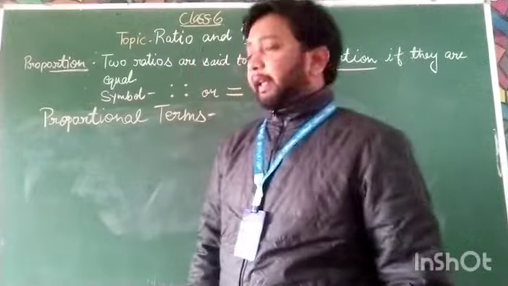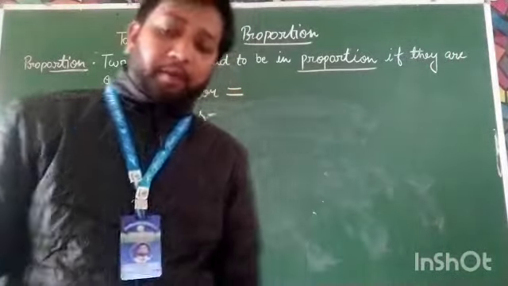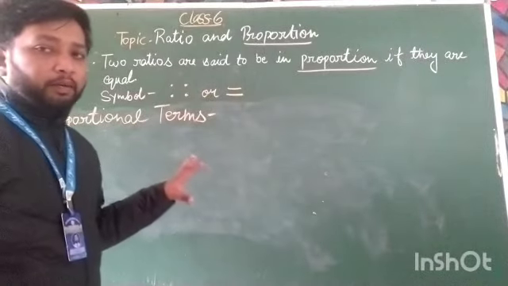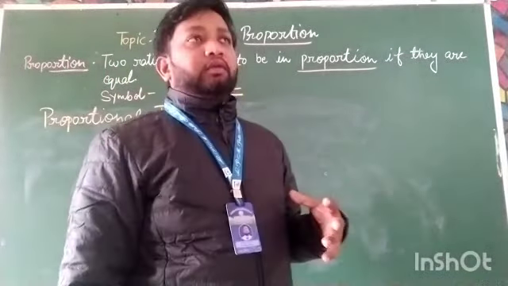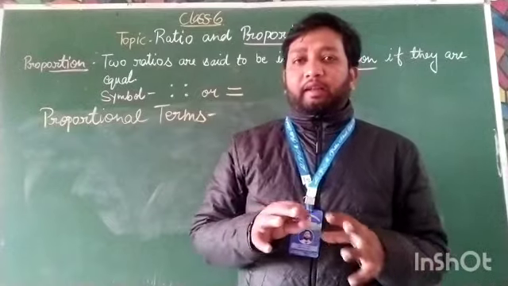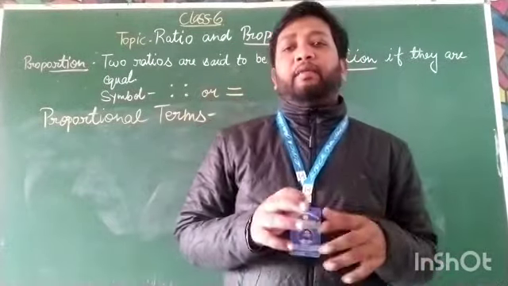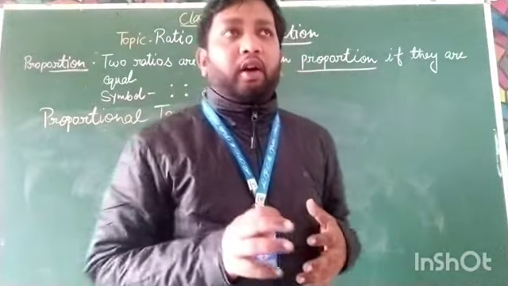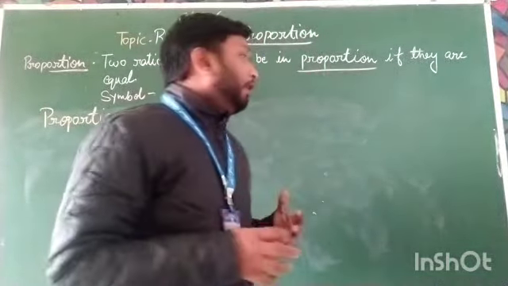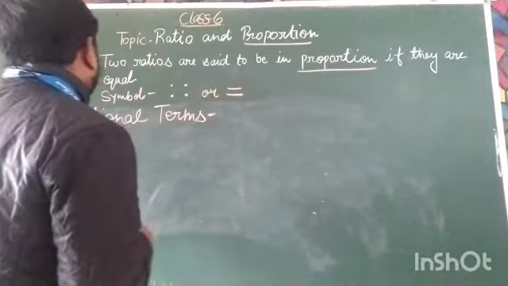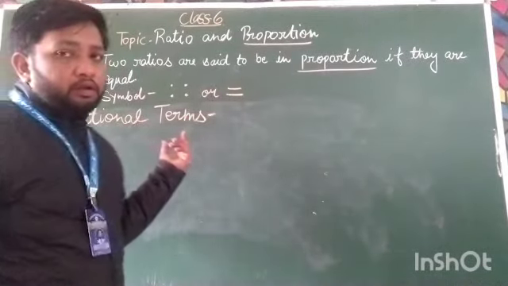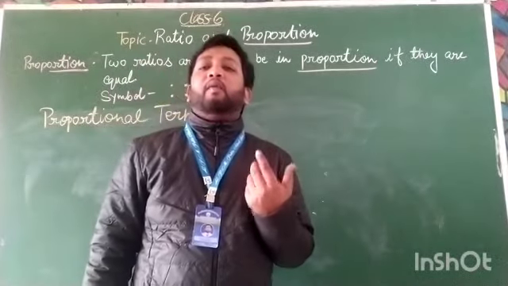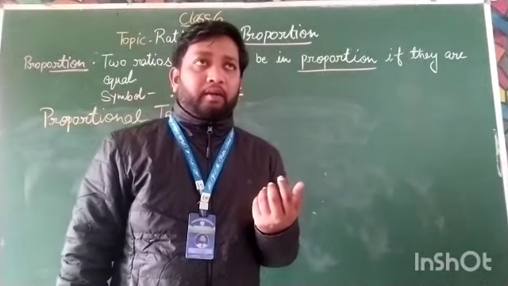Moving on, here is our next topic, proportional terms. So what are proportional terms? If an expression is given with 4 numbers, and we have to say whether the numbers are in proportion or not, or whether the numbers are proportional, then for showing proportionality we need 4 numbers.